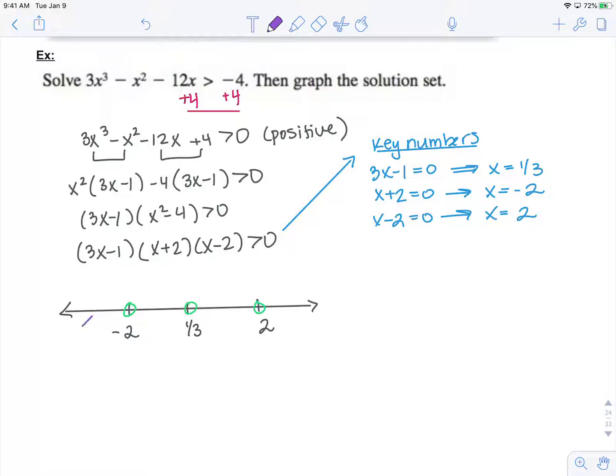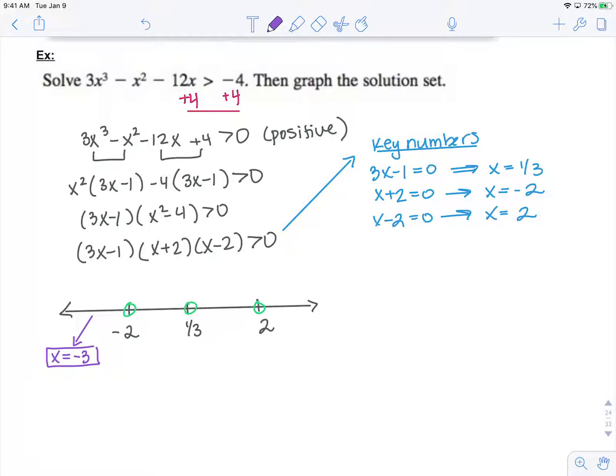So for this first interval, I can let x equal negative 3. Now, you could have chosen negative 4, negative 5, negative 6. It really doesn't matter as long as it's less than negative 2. Now, I'm going to plug negative 3 into this factored polynomial, one factor at a time, to see what happens.